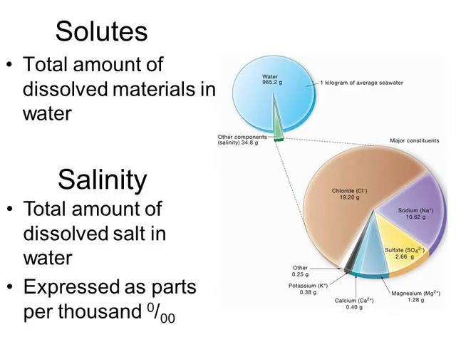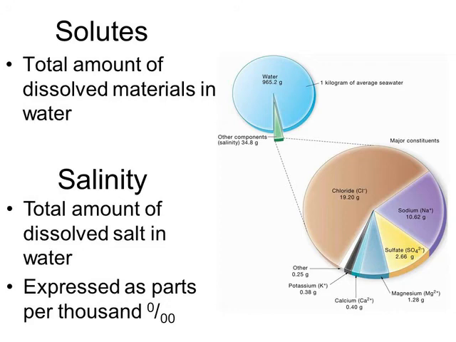Now, solutes are essentially the materials that are dissolved in water. Water is a solvent, and salt in the ocean would be the solute. Let's look at the pie chart on the right hand side. You can see in 1 kilogram of seawater, the majority is water, but there's a small fraction that are solutes.